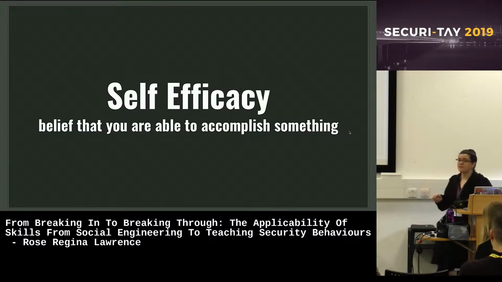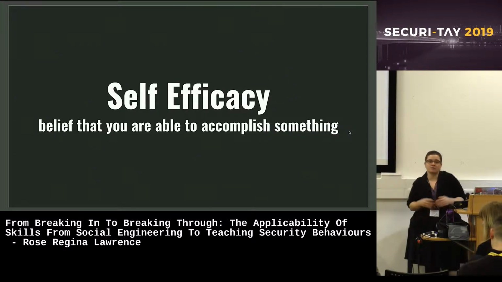So part of this is in terms of who's in control. We have this idea called self-efficacy. It comes from Alfred Bandura, who's a psychologist, and basically it's the idea that someone believes in their ability to do a specific thing.